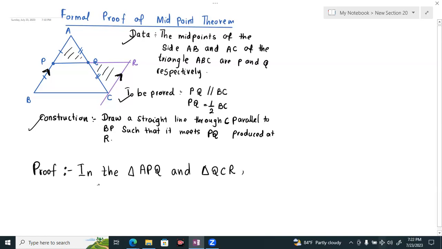I will write one element. AQ equals QC. What is the reason? Is it given? No. Because Q is the midpoint of AC.